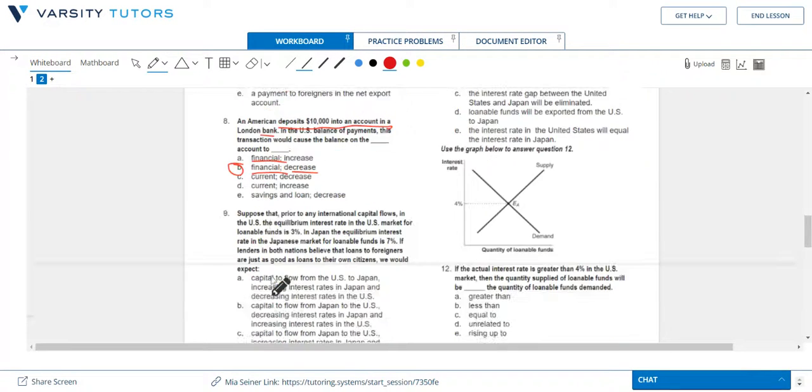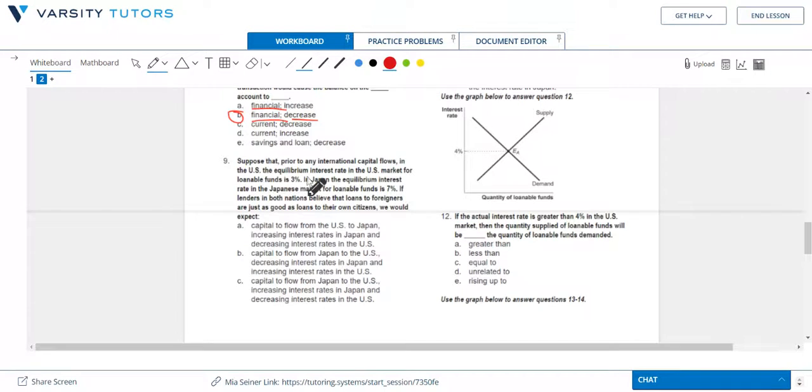Number 9, suppose that prior to any international capital flows, in the US the equilibrium interest rate is 3%. So in the US, we're not doing too good. 3%, that's not great. In Japan, it's 7%. Well, I don't even have to read further into the problem. If I can get 7% on my money in Japan, I'm going to start turning my money into yen and start investing in Japanese businesses.